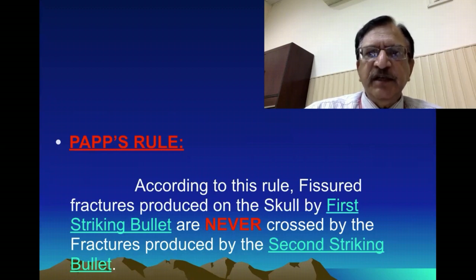So this means if there are two bullets fired on the skull, you can find out which was the first bullet and which was the second, as the first bullet will cause fissured fractures and the second bullet will also cause fractures, but the fracture lines of the second bullet will not cross over the fracture lines produced by the first bullet.